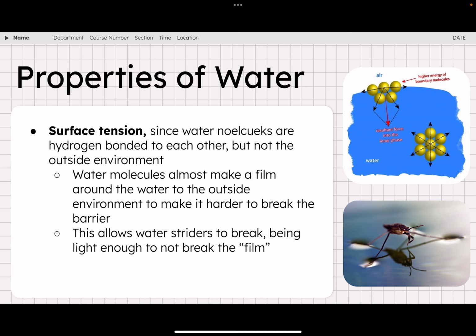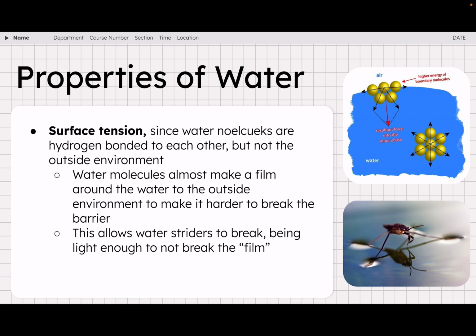There's another property of water called surface tension. Water molecules hydrogen bond to each other, but not to the outside environment. Sorry for the misspelling here. Water is very peculiar in a sense: it likes to be with its own kind.